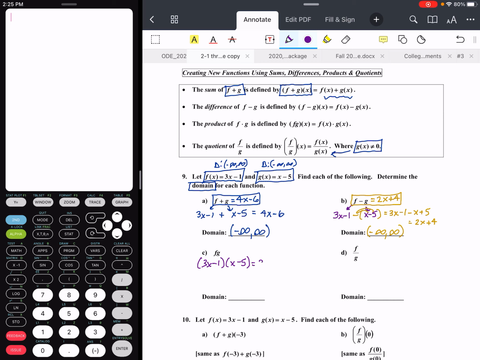So this gives me 3x squared minus 15x minus x. You could call that a minus 1x if you want. And then negative 1 times negative 5 is plus 5. So this gives you 3x squared minus 16x plus 5. So that's our product function.